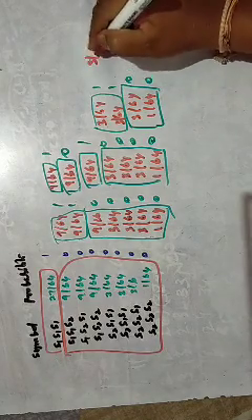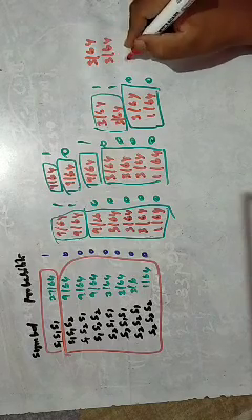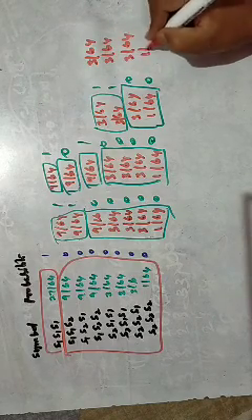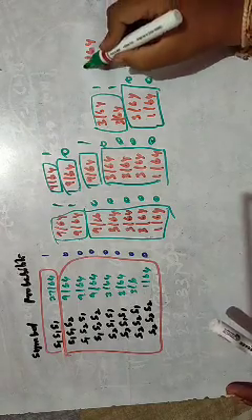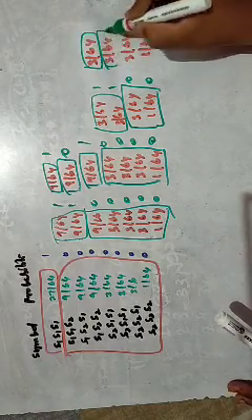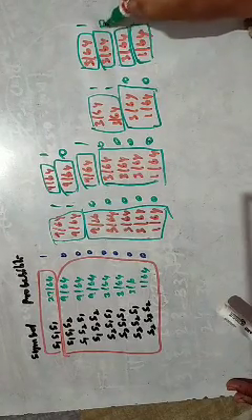Similarly, again further 3 by 64, 3 by 64, with 1, 0, 1, 0.